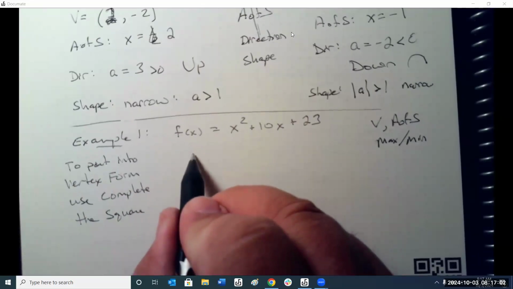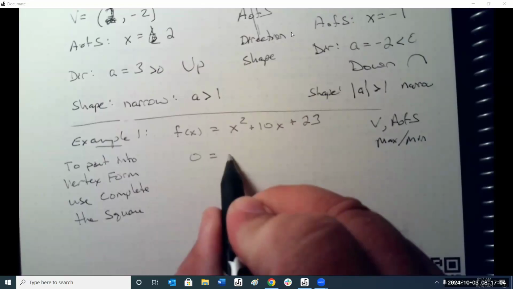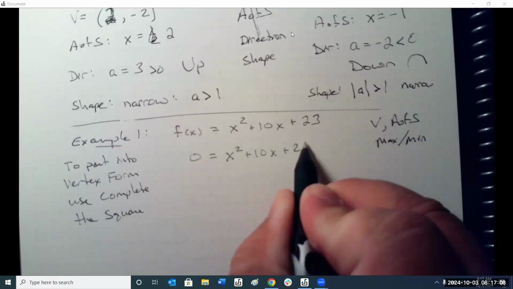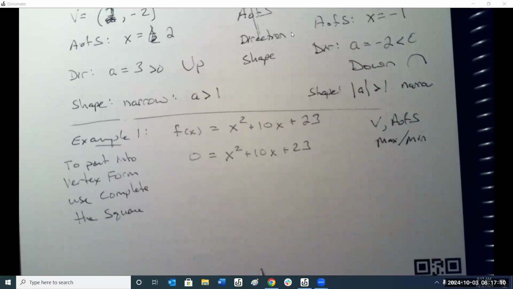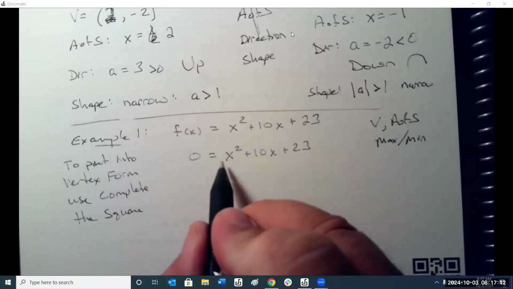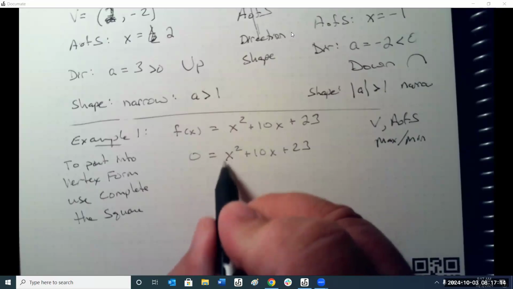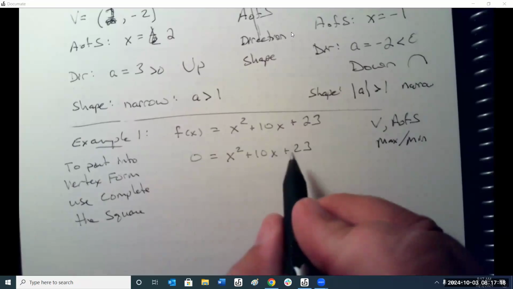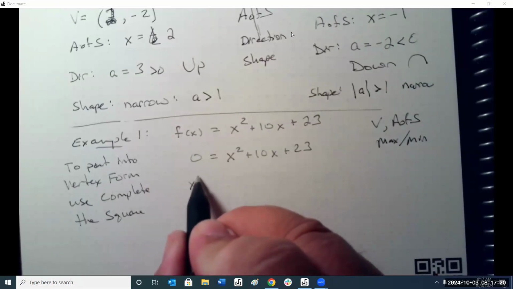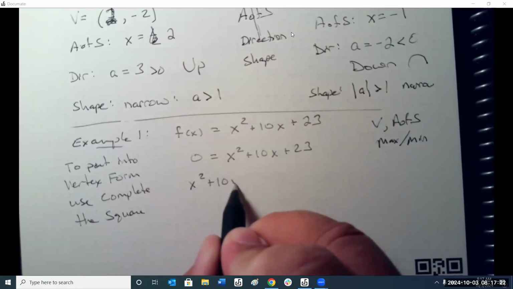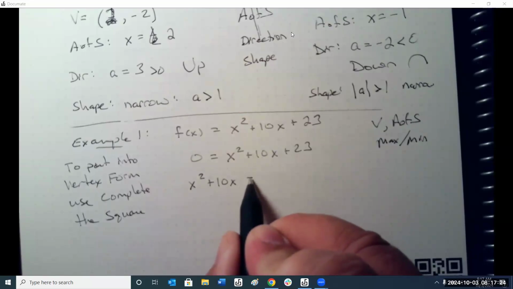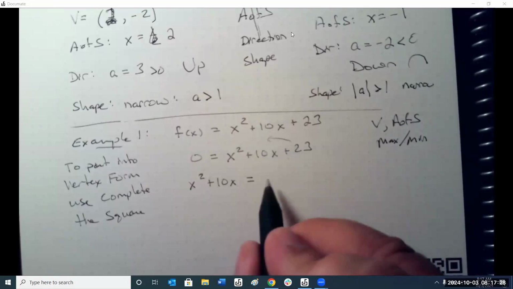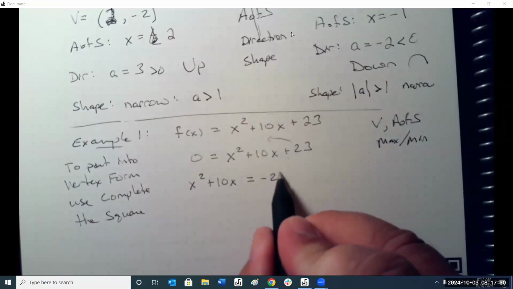Okay, remember complete the square, set it equal to 0. Is A, the leading coefficient, 1? Yes. Check. So now move the constant term to the other side. So let's subtract 23.